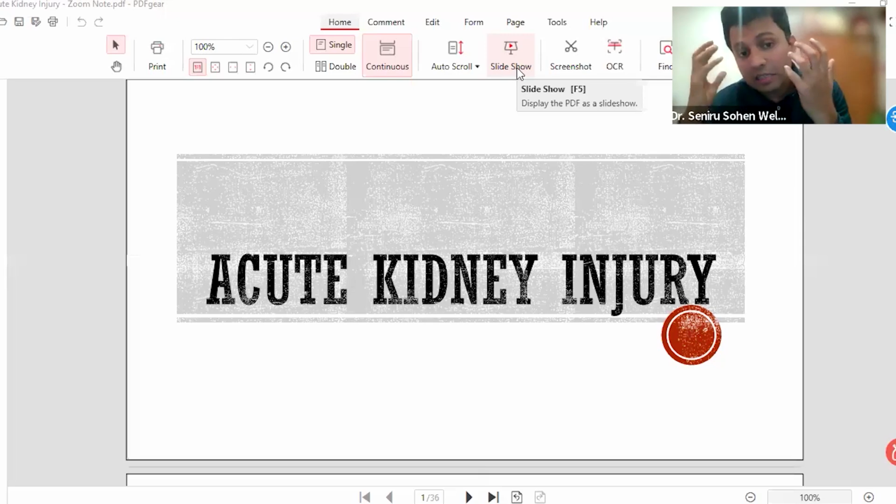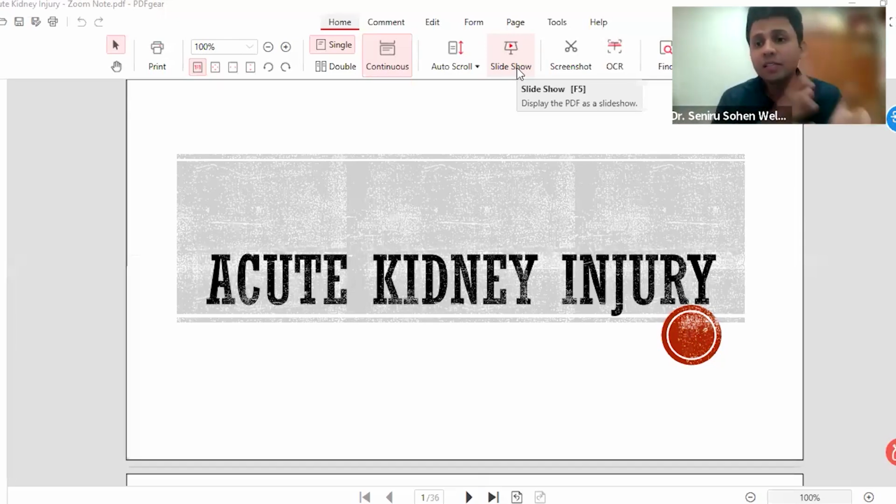There are certain cases of ATN from the onset, but pre-renal causes can go into renal AKI by acute tubular necrosis. These tubules will get blocked, or debris will get deposited in the tubular lumen, which scars and causes problems in the kidney.